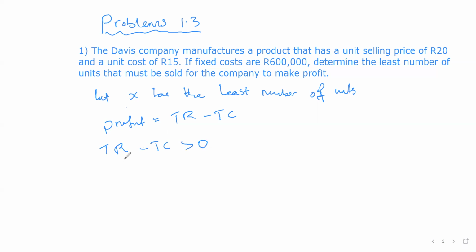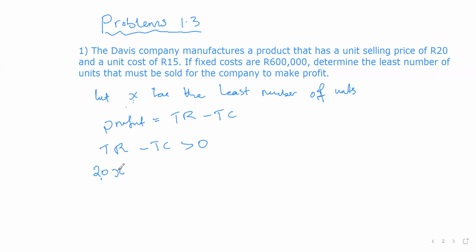So what is my total revenue now? We are told that the unit selling price is 20, and we know that revenue is price times quantity. All right, 20 Rand for each unit of the product, and we want to sell X units for us to make a profit.